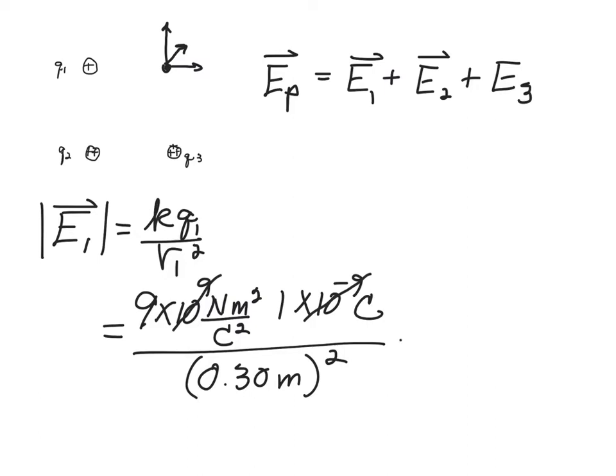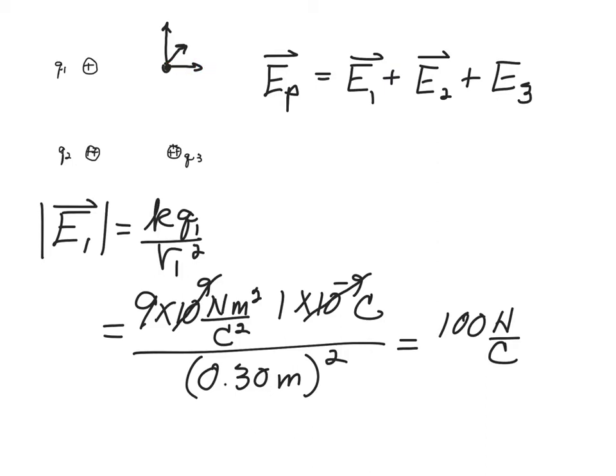And so this ends up being exactly, if we use 9 for K, 100 newtons per coulomb. So that's the magnitude. Now we can see from the figure that E1 has no y component. The angle of this is 0 degrees.